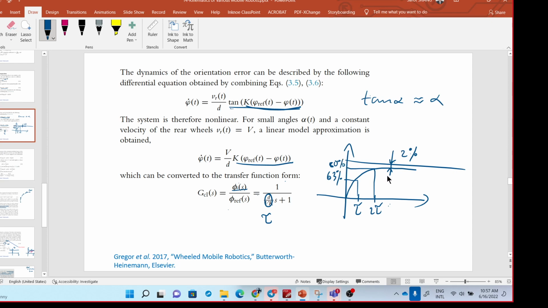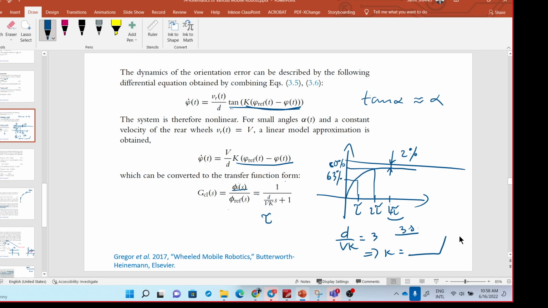Maybe at 2%, you need to choose, for example, 4 tau. And 4 tau you want to be like 3 seconds, for example. Then you have d over vk equal to 3, then you can find k equal to something. You got the idea?